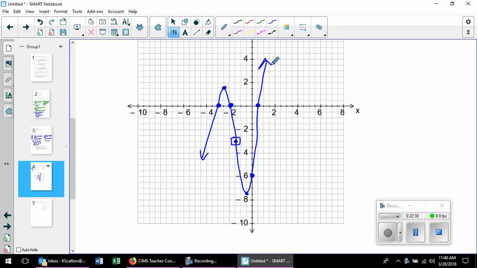If I have to do the domain and range for that graph, you would say negative infinity to positive infinity for both. Okay, we're going to do one from scratch on the next page.